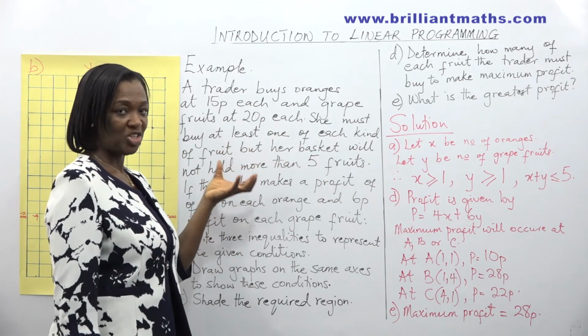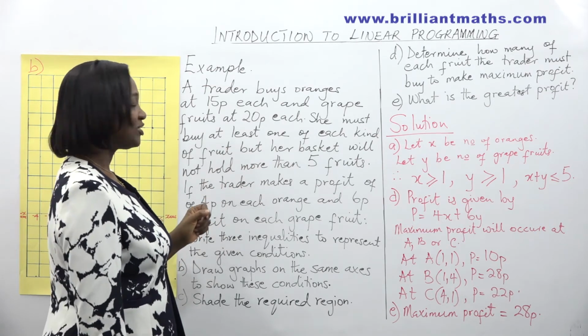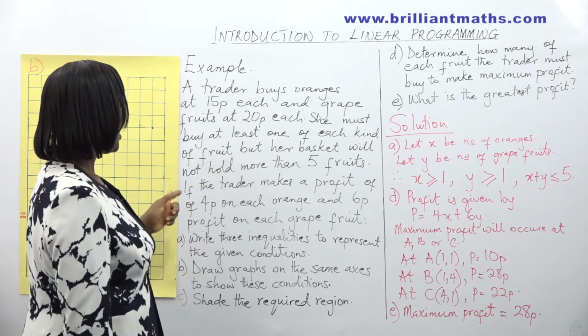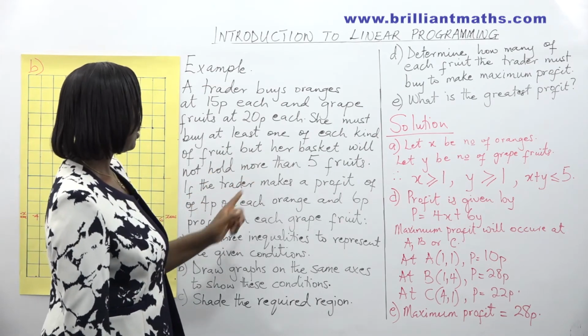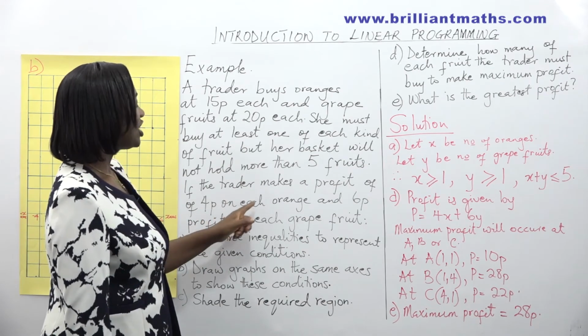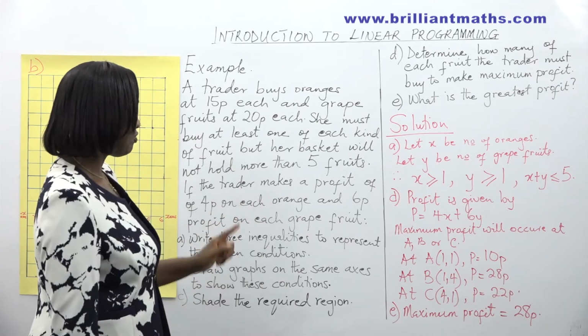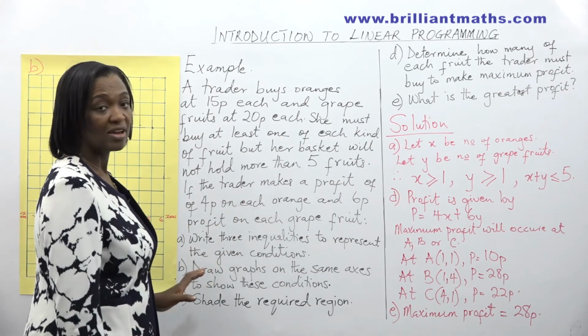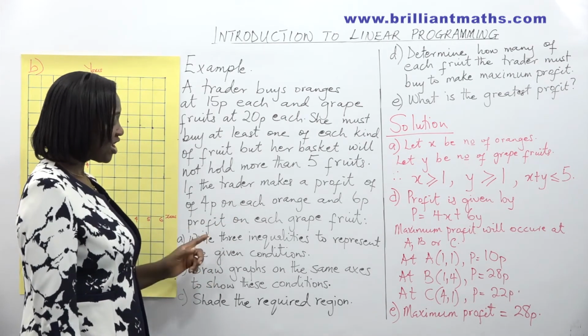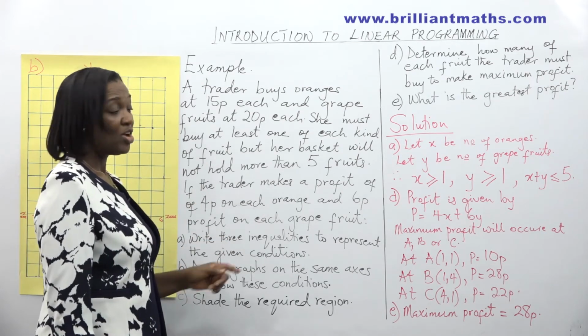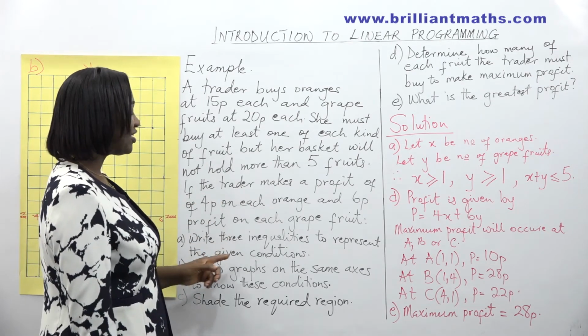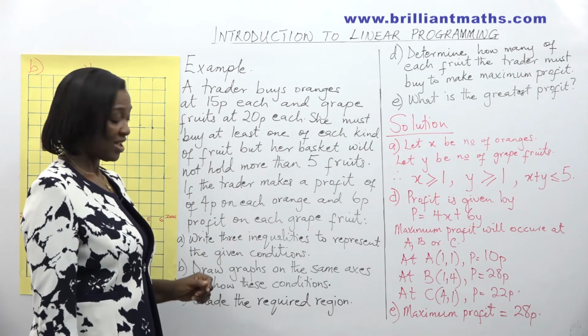These are the conditions that are being given, so please take note of them. If the trader makes a profit of 4p on each orange and 6p profit on each grapefruit, A, write 3 inequalities to represent the given conditions.